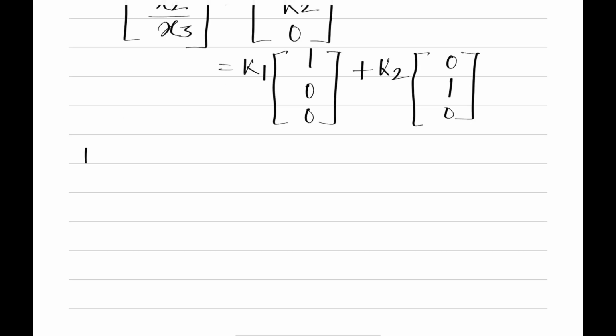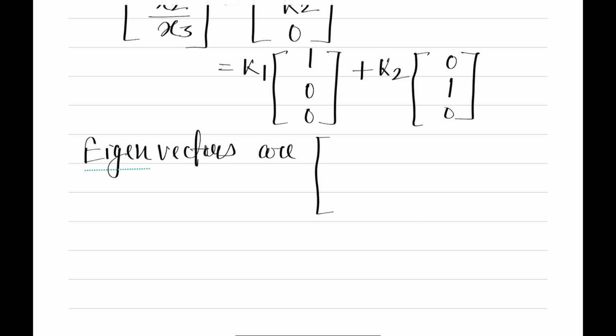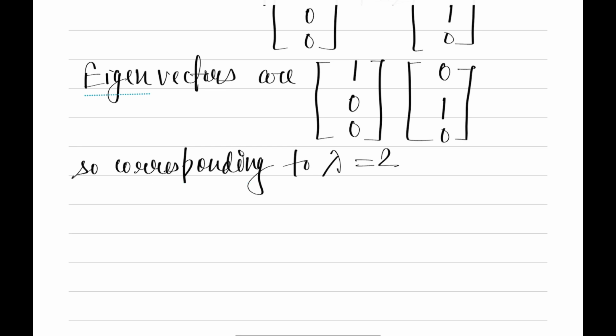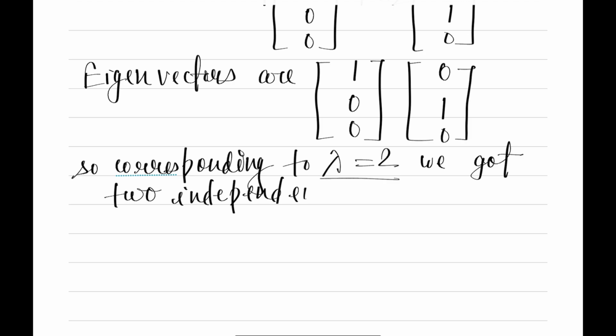So finally our eigenvectors are (1 0 0) and (0 1 0). So corresponding to lambda equal to 2, we got two independent eigenvectors.